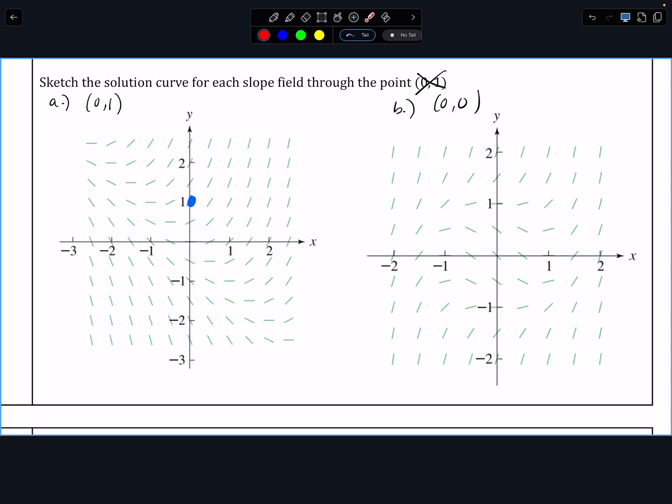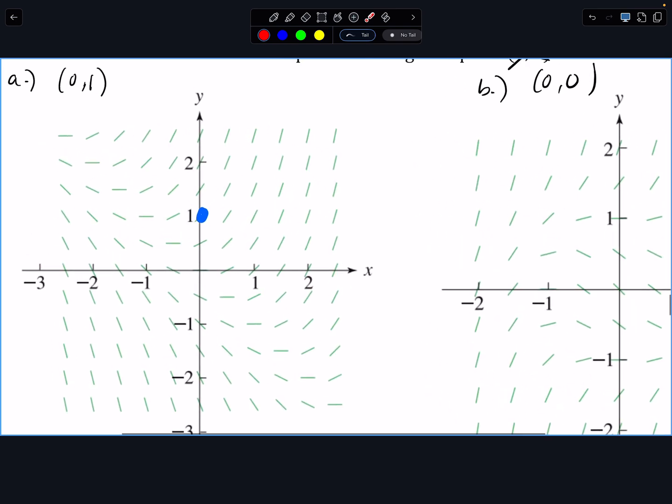So if I were to draw a function that goes through this point, it also needs to kind of follow the behavior of the slopes. Okay? So I'm going to try to draw a function that fits through the slope field. And the rule you have to follow is the curve that you draw has to be parallel to the slope field, to the little hash marks.